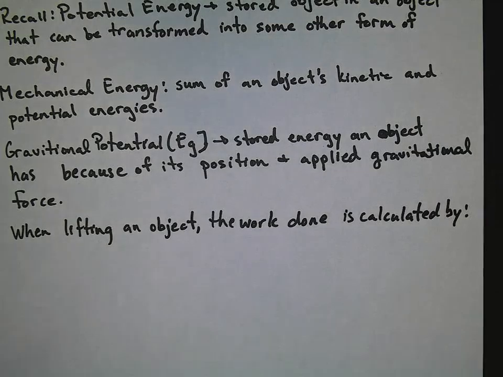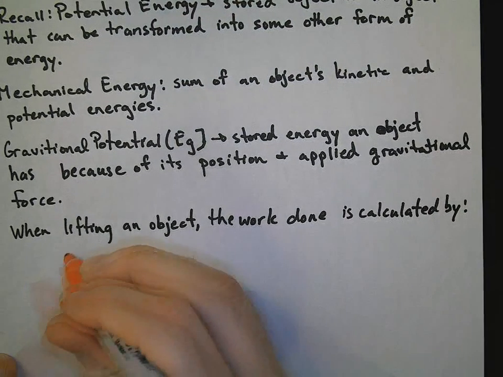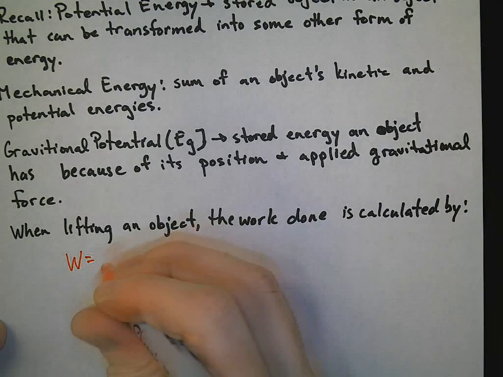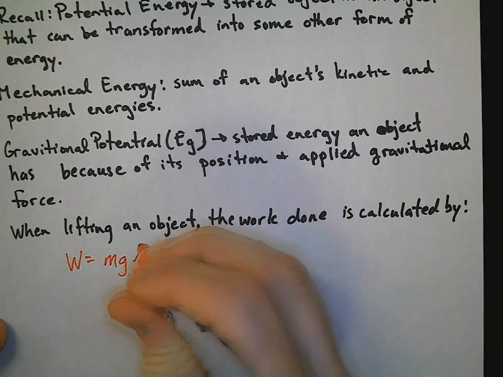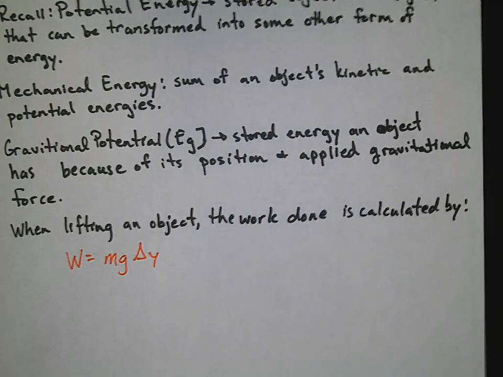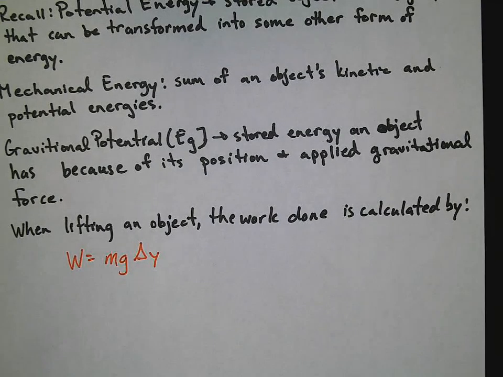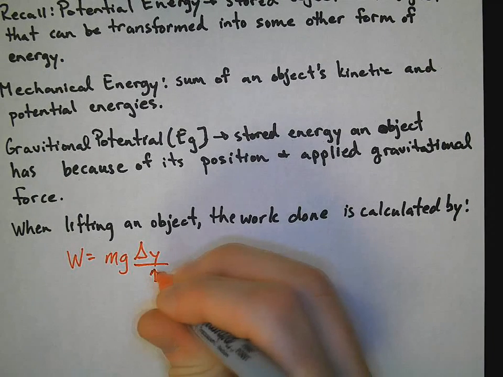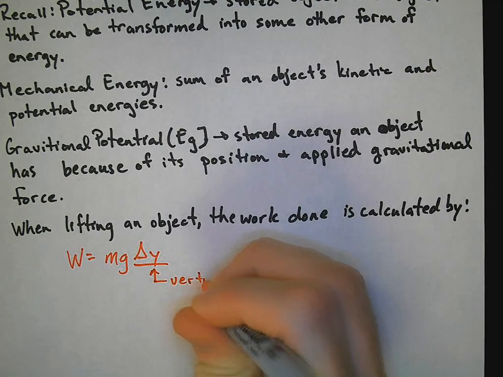Well, we can calculate the work done by taking our work, which is measured in joules, and set it equal to mg delta y. And just recall, m is our mass of the object in kilograms. g is the acceleration due to gravity, and that's 9.81 meters per second squared. And y is our vertical displacement.